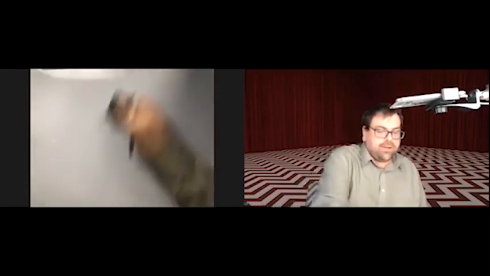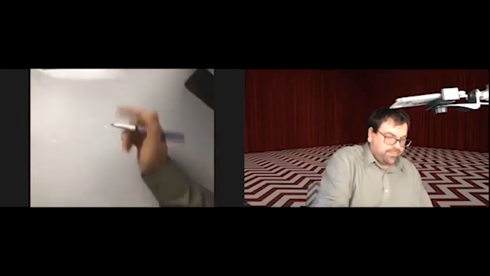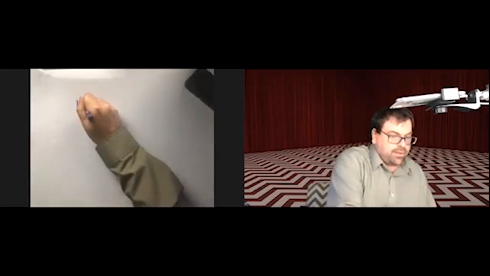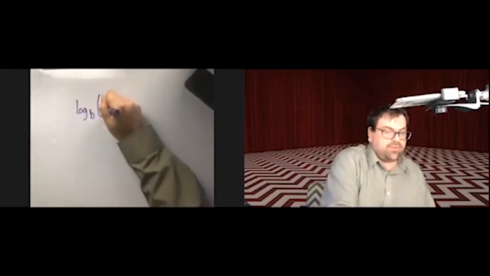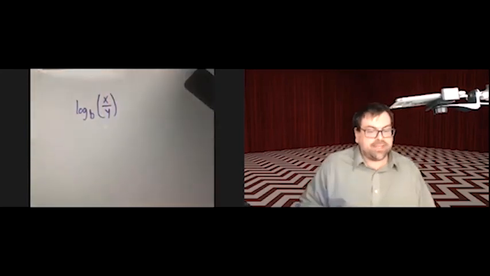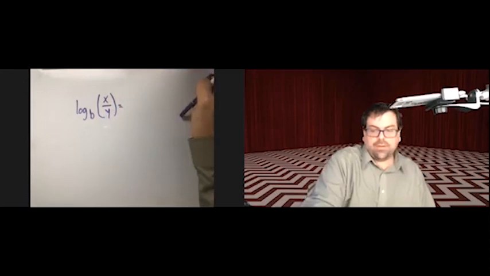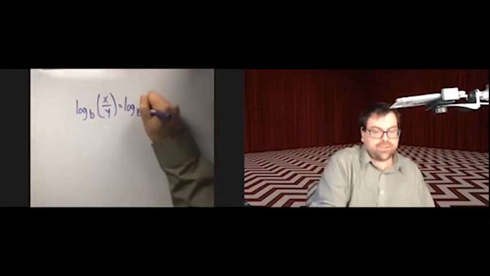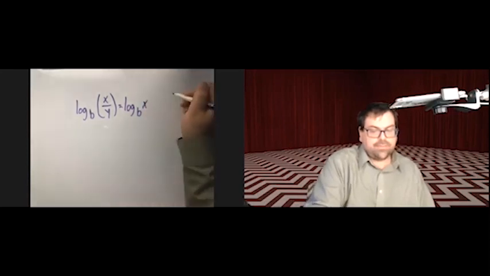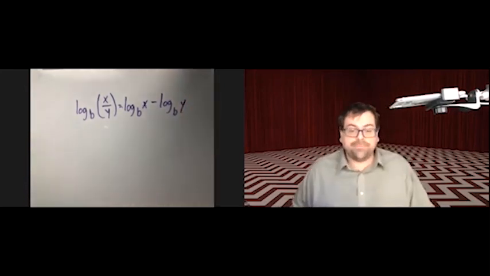Similar property: the quotient property. Log base b of x over y, the log of two things being divided, is the log of the first, the log of the top, minus the log of the bottom.